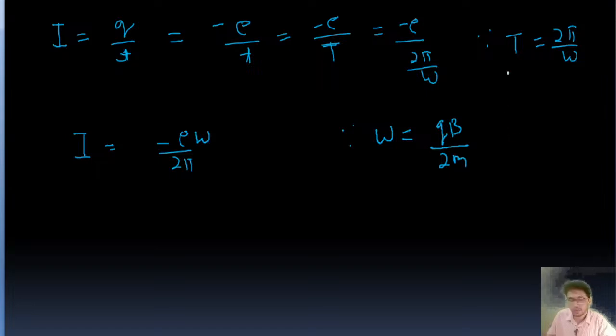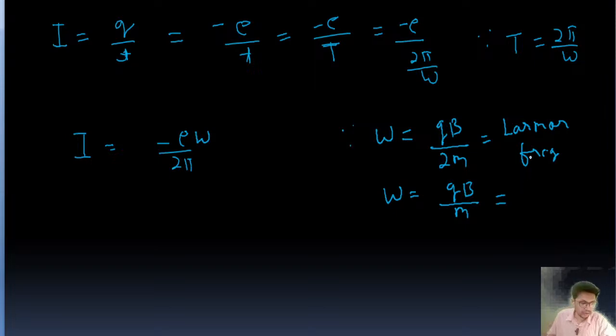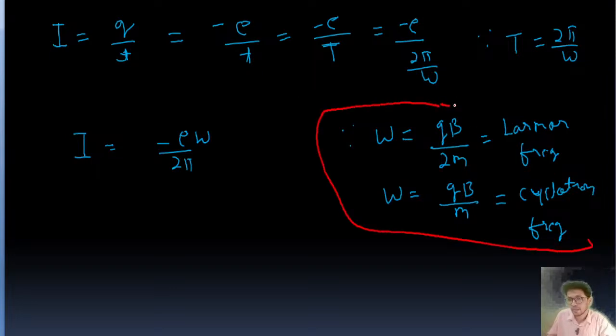This is also called the Larmor frequency. For cyclotron frequency, omega is qB upon m. This is an important point.